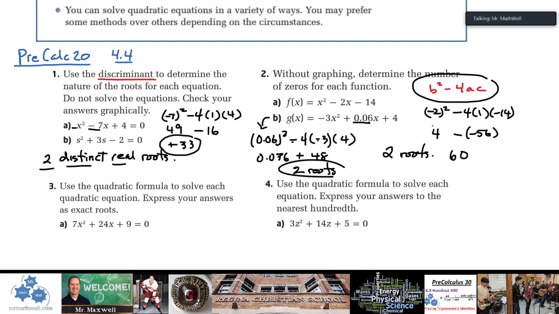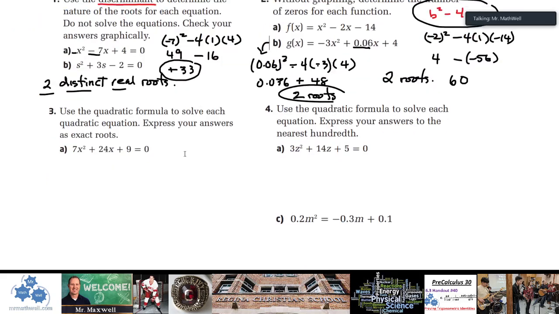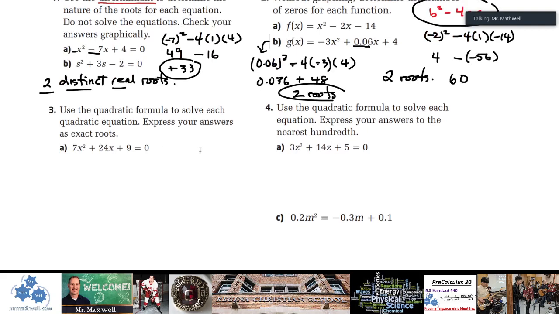Stop me if you have any questions as I go through this, but let's hit number 3. Use the quadratic formula to solve each quadratic equation. Express your answers as exact roots. Very important question. The quadratic formula: x equals negative b plus or minus root b squared minus 4ac, all over 2a. Little jingle there, that'll help you remember that.